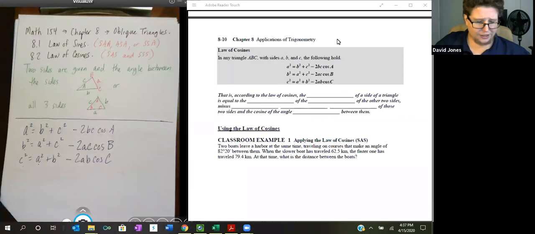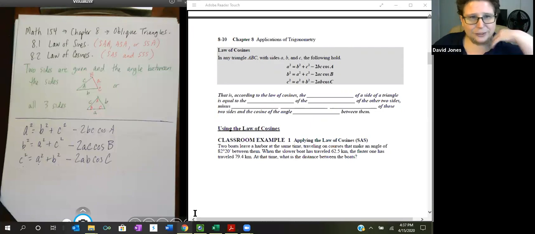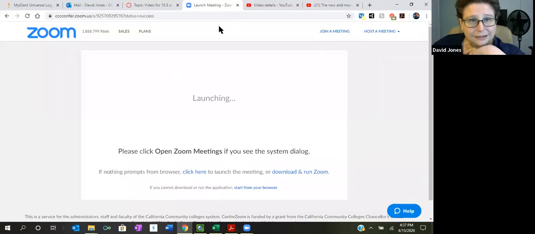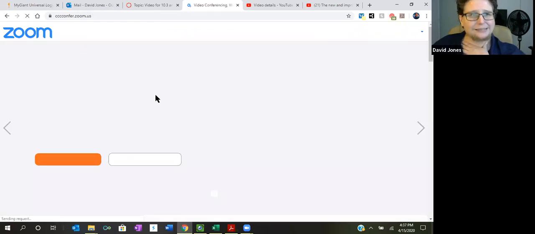Let me see if I can start the download for 8.1 so we can get it up on YouTube. Is that what you're telling me? Let's get that download started real quick so we can get it up for you right away. This is how Zoom works.